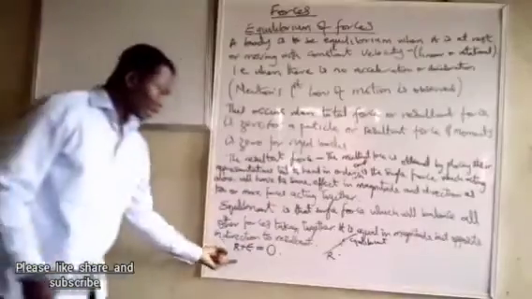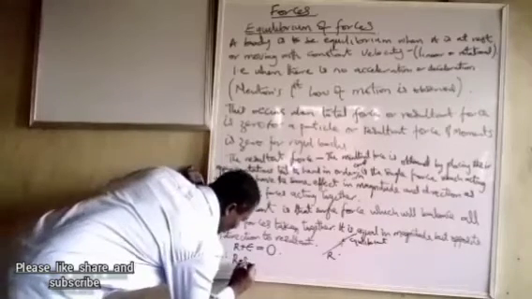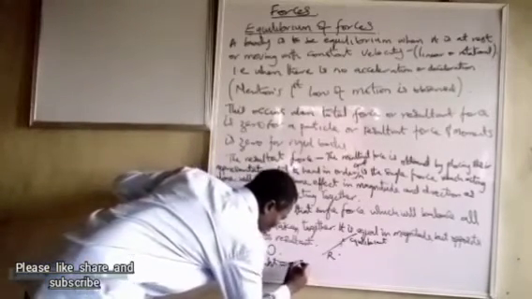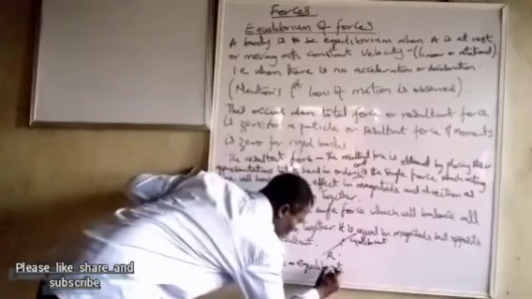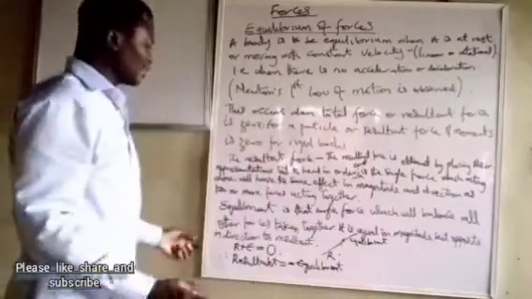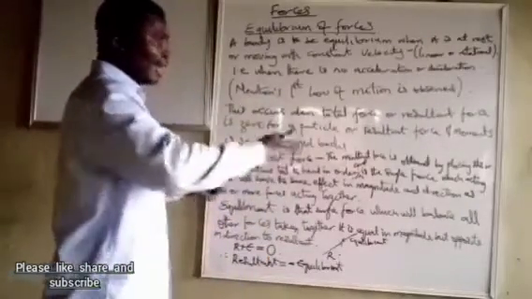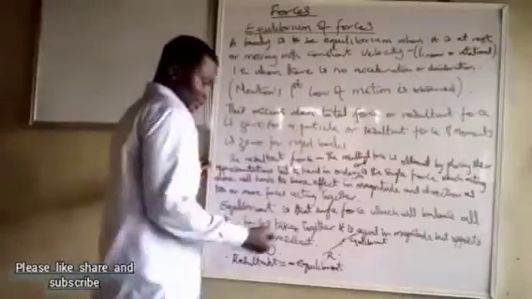You can see resultant plus equilibriant will give us 0. Therefore, resultant is equal to minus equilibriant. So what does that show us? It shows that they are both in the same line but opposite direction. So that is what it means.